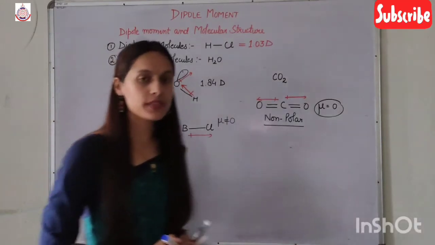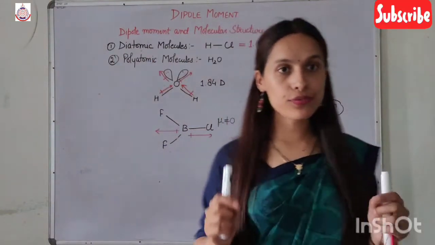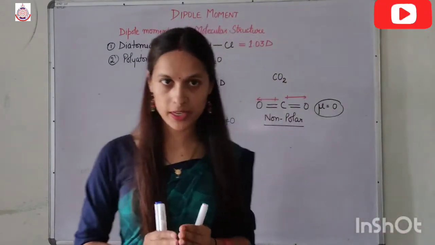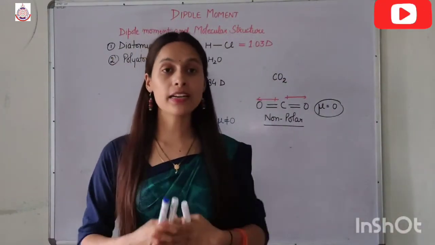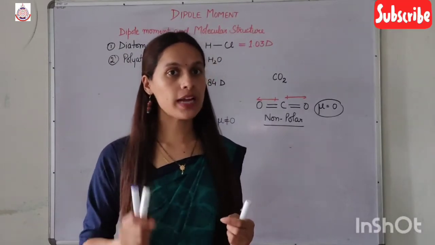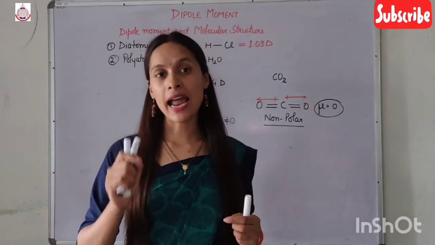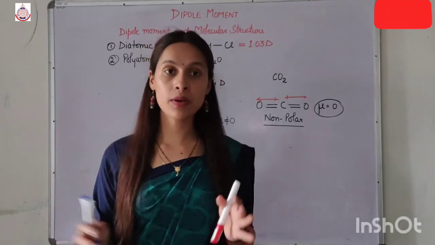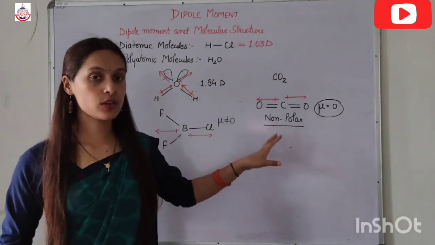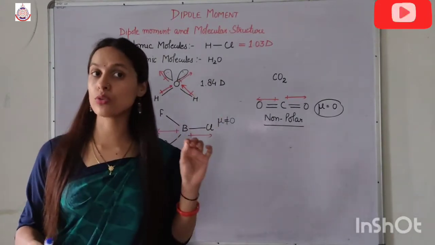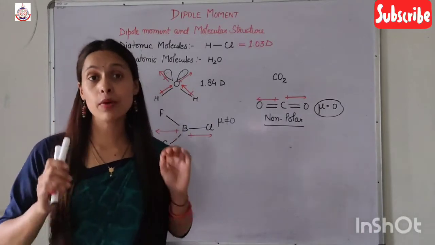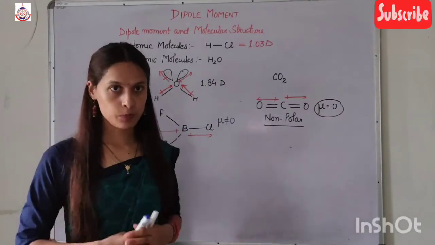So that's why I am saying from the start that if the central atom is surrounded by all bond pairs, or by the same atoms in the same environment, then the dipole moment of that particular molecule may be equal to 0. Maybe or maybe not, it depends upon the shape of that particular molecule.